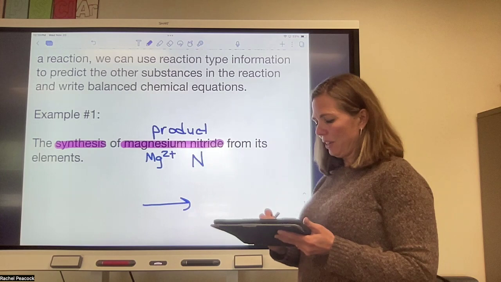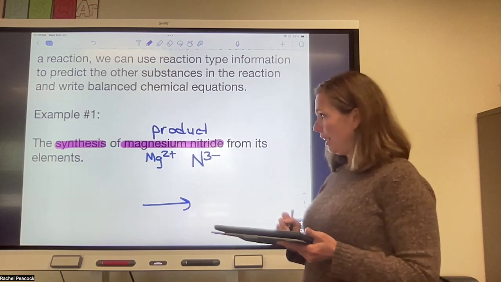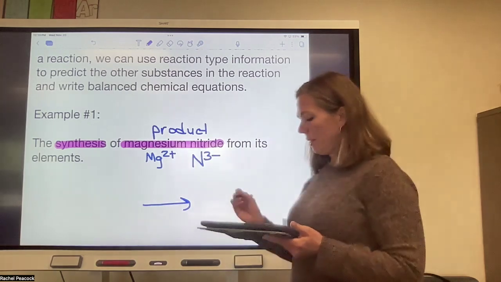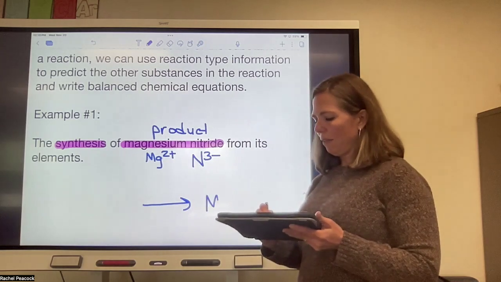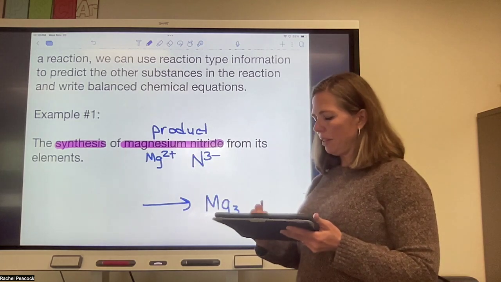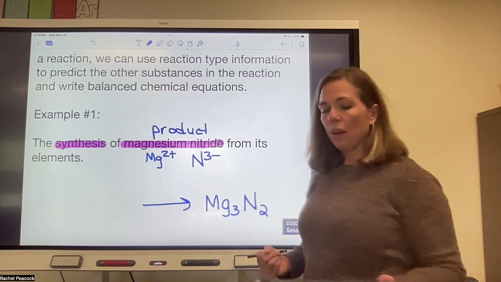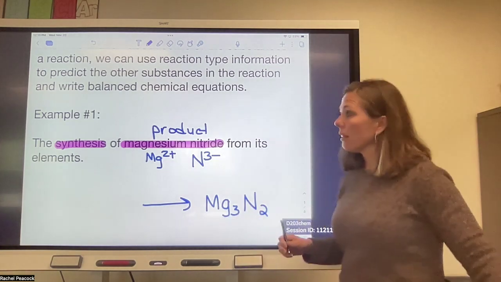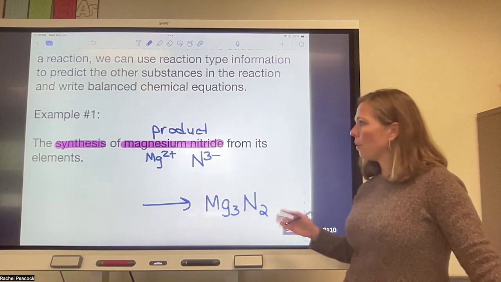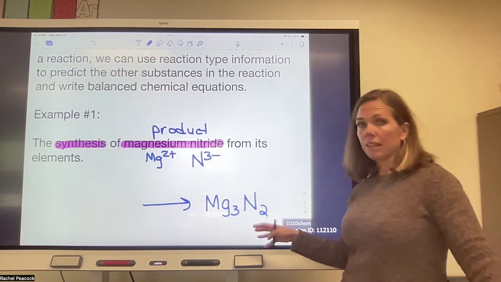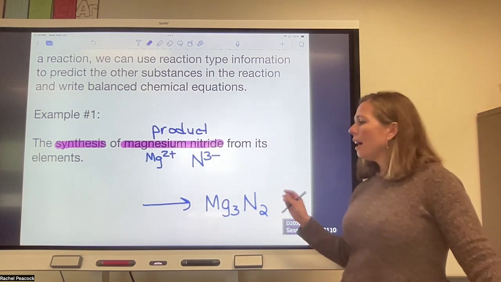Nitride is nitrogen. That's a 3-. So we're going to crisscross those numbers, and the formula we're going to get is Mg3N2. So that is the product that we are making for the synthesis reaction, okay?